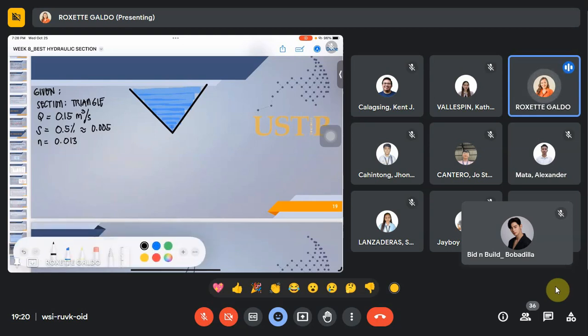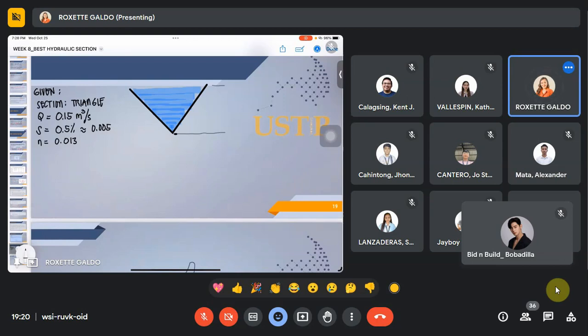We already know it is a triangle, but we have to identify the dimensions. The dimension of the triangle is this one, so this is y. Let us name the sides A, and we also have to identify the degree of inclination, theta.